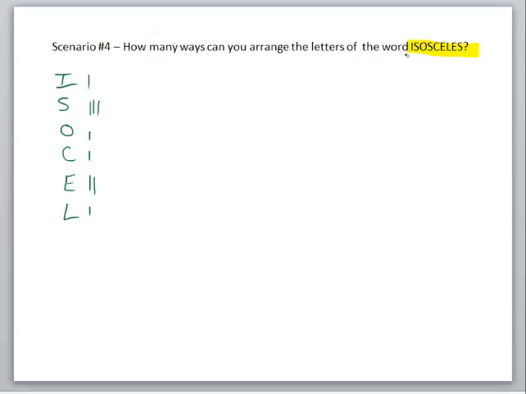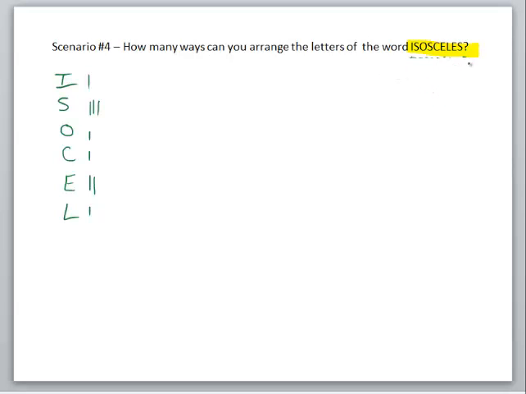Well, typically, if I just want to assign labels, these things to my spaces, isosceles has how many different places to fill? 1, 2, 3, 4, 5, 6, 7, 8, 9.